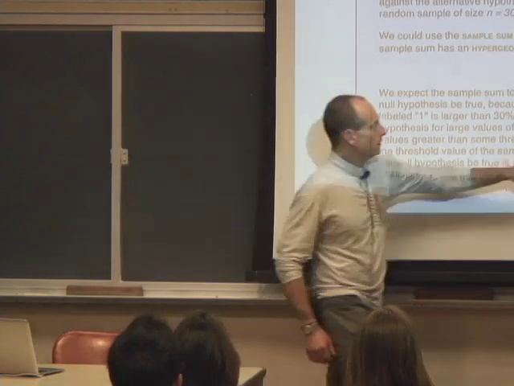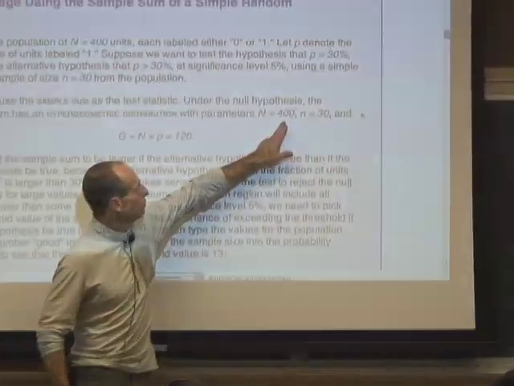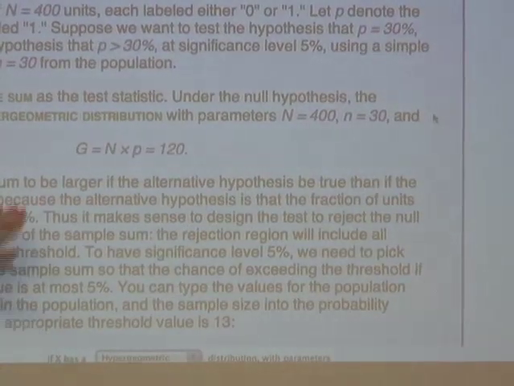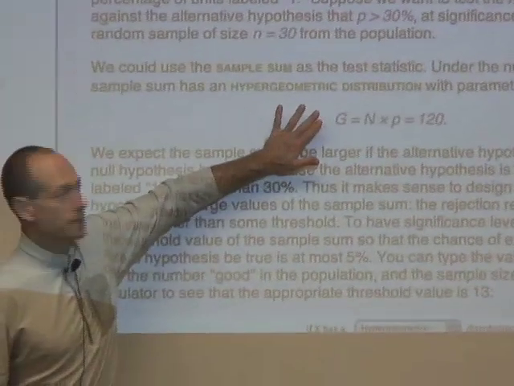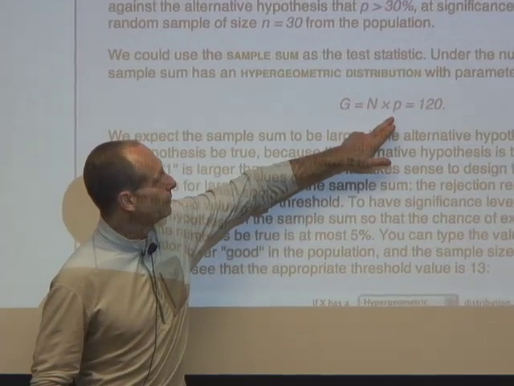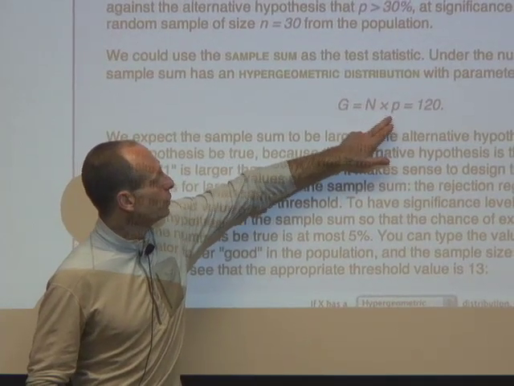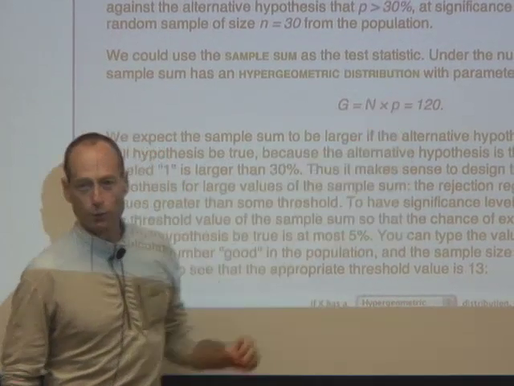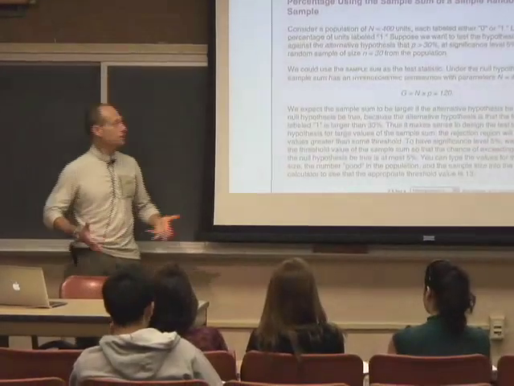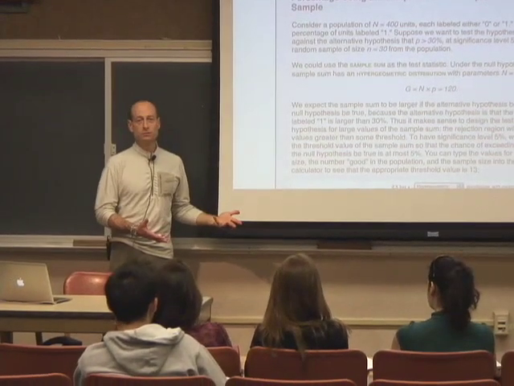The number of things in the population is 400, that's big N. The sample size is 30, that's little n. And the number of good objects, the number of tickets labeled 1 in the box, is big N times 0.3, 30%, which is 400 times 0.3 is 120. So there's 120 tickets labeled 1 in the box if the null hypothesis is true.